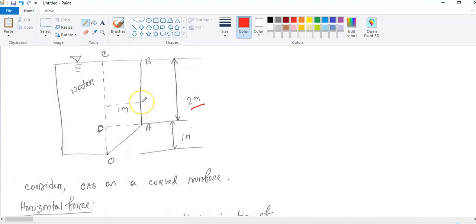So here, we have two different forces, the horizontal force and the vertical force, because this is the theory we know.